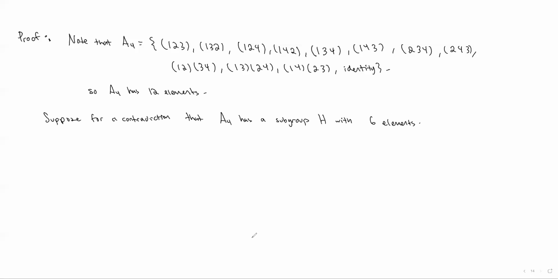Also, I should let you know that this is an argument from the textbook, from page 144. So suppose A4 had a subgroup H with 6 elements. The idea is to consider the 3-cycles in A4. We know there are 8 3-cycles in A4.